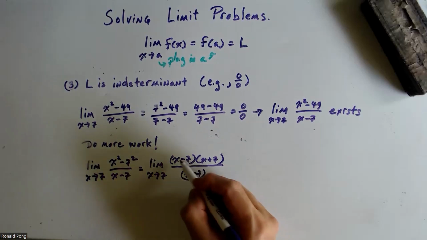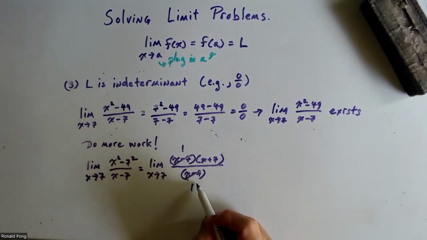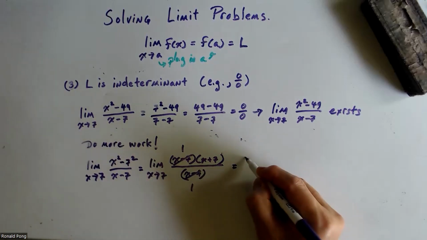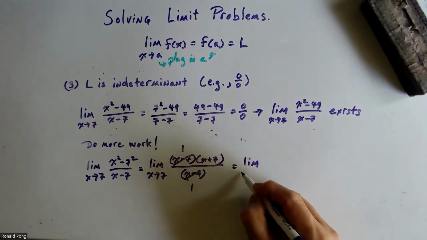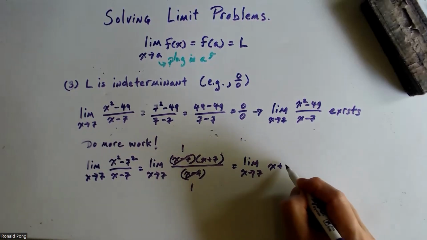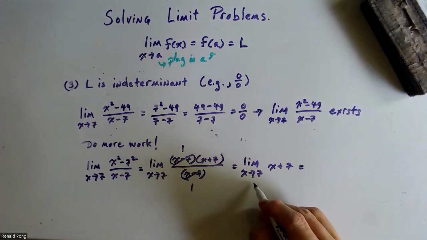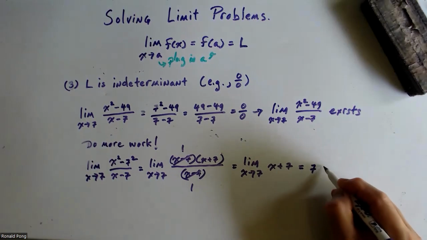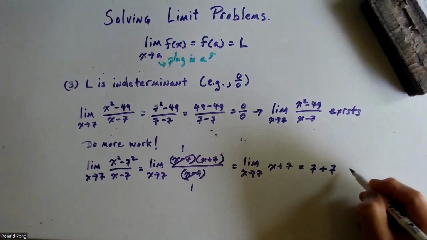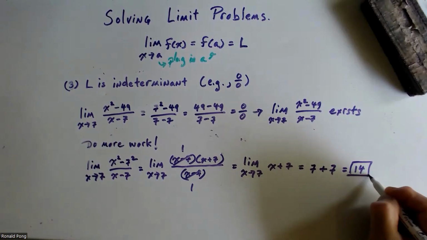We now see that we can cancel the denominator issue, the domain issue, and we arrive at the limit as x approaches 7 of x plus 7. Taking the limit by plugging in 7 for x, we get 7 plus 7, which is equal to 14.